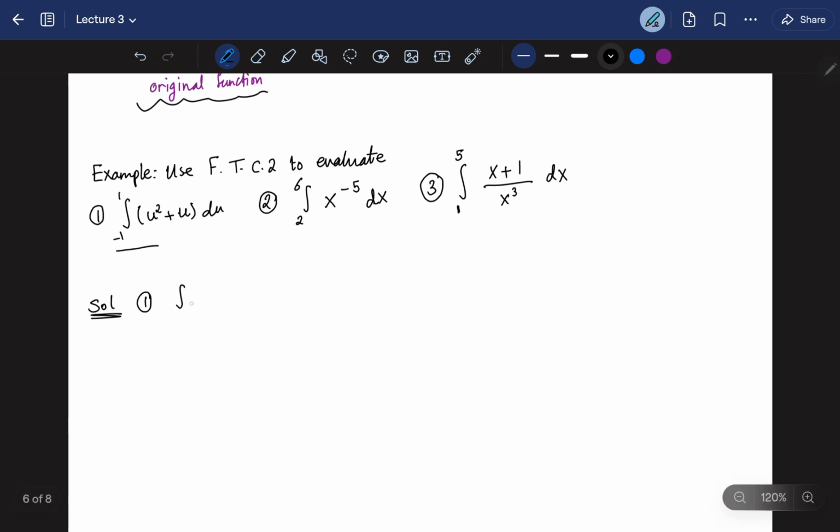So here, if I find the indefinite integral for the first part, we can just distribute, then using the exponent rules, I add 1 to the power, then divide by the new power. Similarly for the second part, I'm adding 1 to my power, dividing by the new power, then plus c. So this is going to be my antiderivative, capital F.